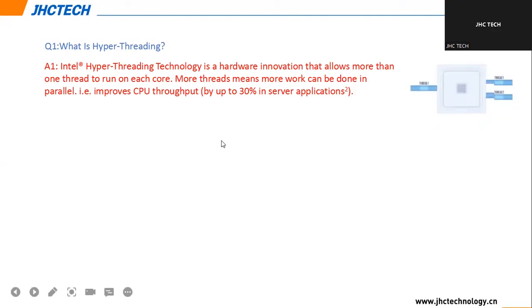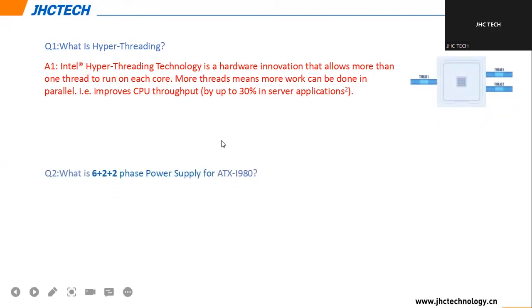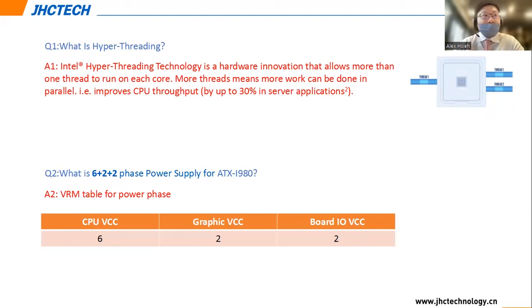Okay. I have another question. What's the meaning of the 6+2+2 of our ATX i980? For the phase power supply, that means the VRM table for the power phase. The power phase means when we provide the CPU power, we use different phases. By this phase design, you can provide a smoother and more stable power supply to the CPU.